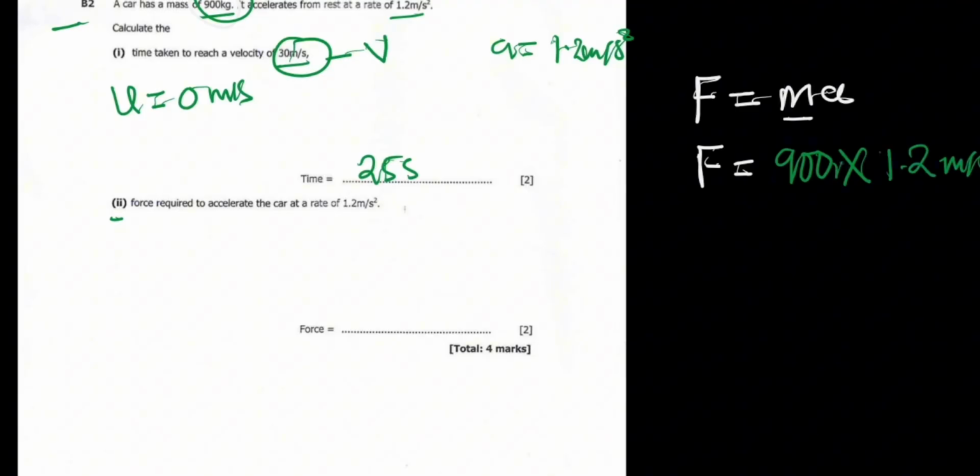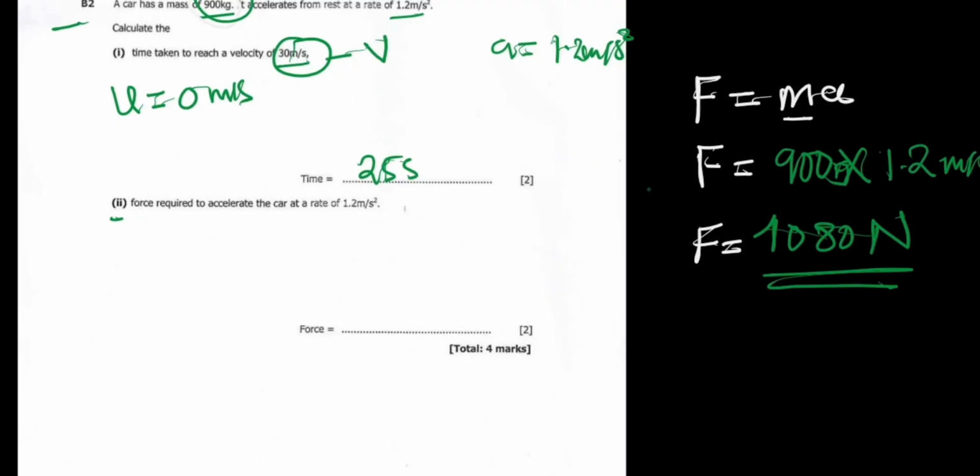So this is kg, and then we are going to say force is equal to, what is 900 kg multiplied by 1.2 meters per second of acceleration? Well, we are going to get 1080 newtons.